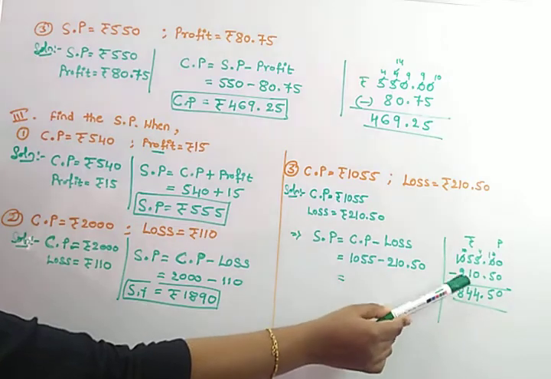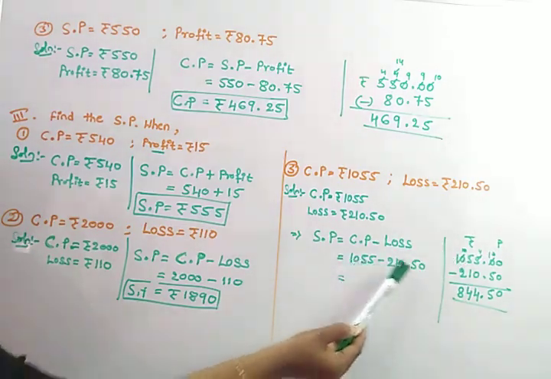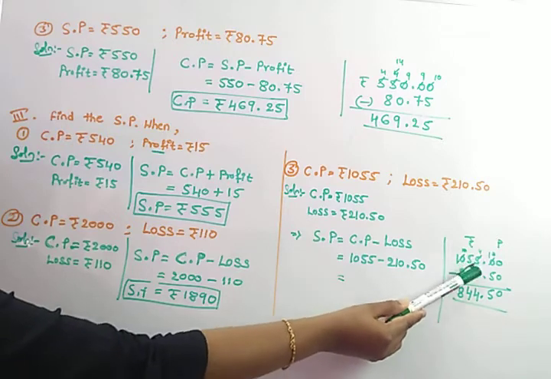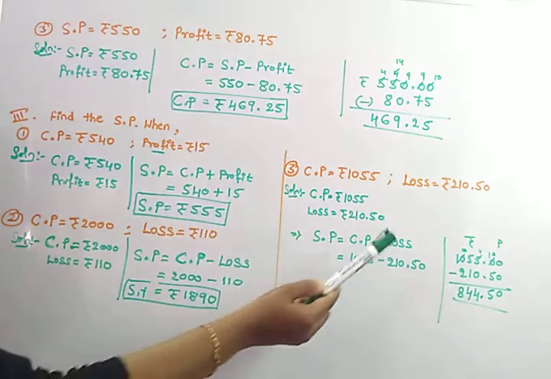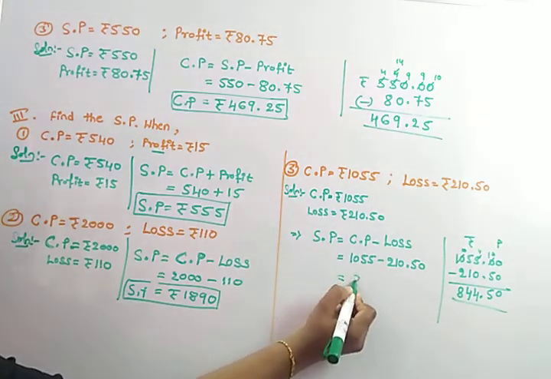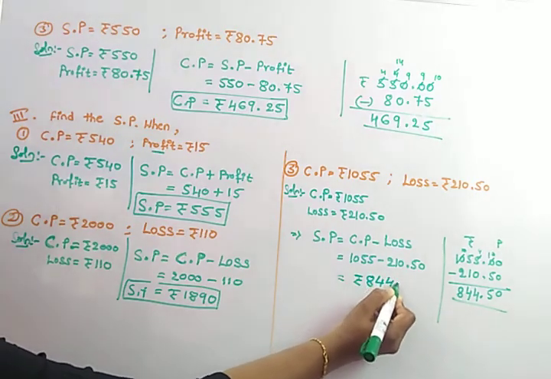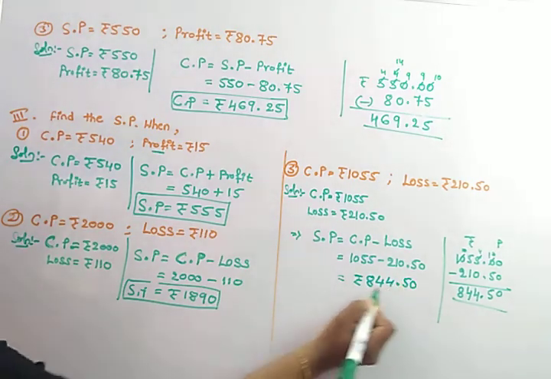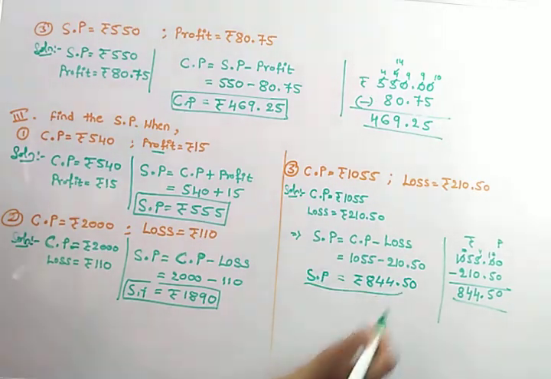Here don't get confused. Here paise is given, so in the first term write 1055 rupees 00. So 00 indicates paise. So finally we get the answer 844 rupees and 50 paise. So this is the SP, the selling price.